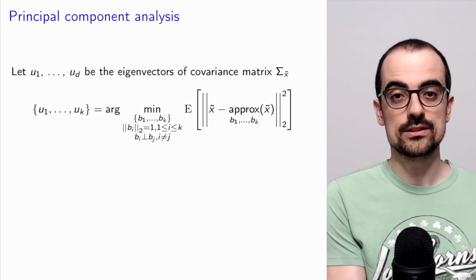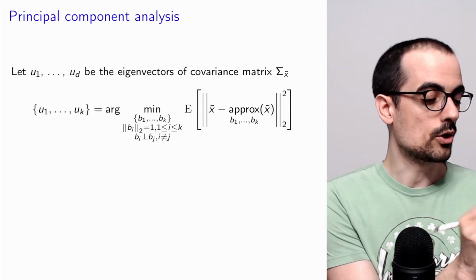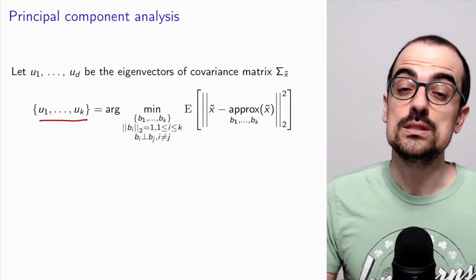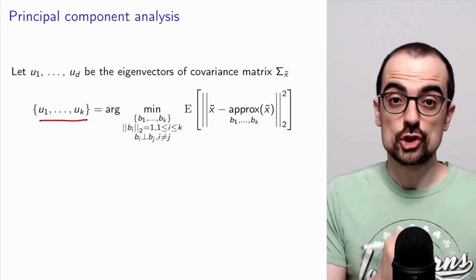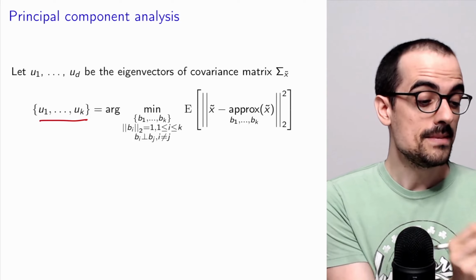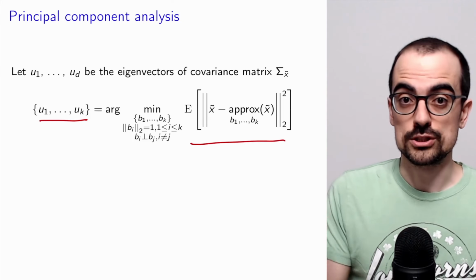We call these vectors U1 to UK because we order the eigenvalues from largest to smallest. It turns out that this is optimal. This choice of eigenvectors minimizes the mean L2 norm error that we were considering before.